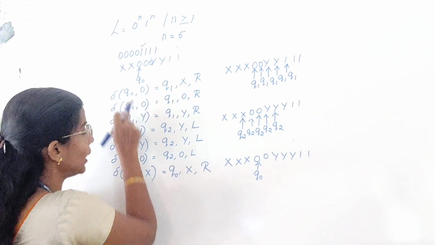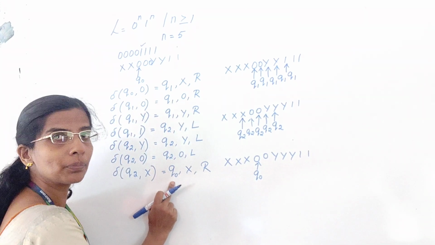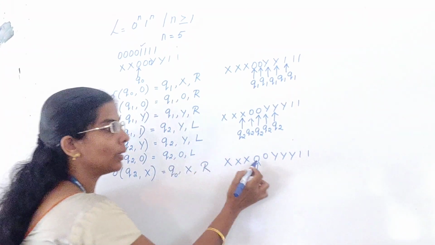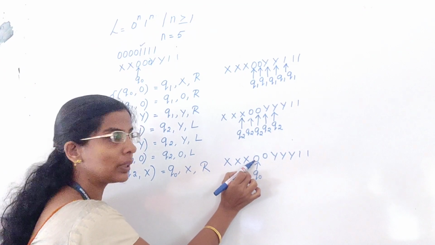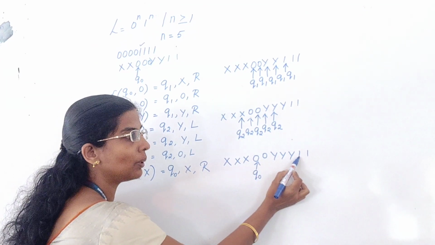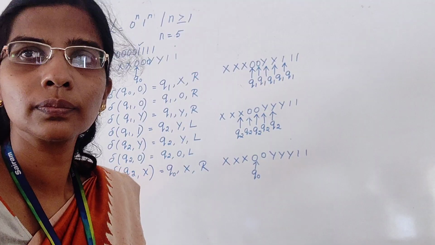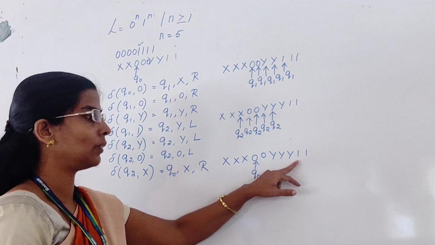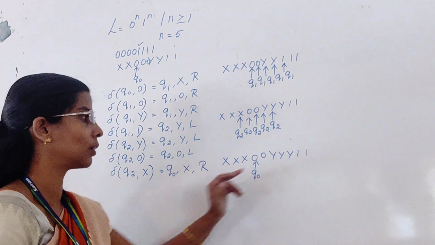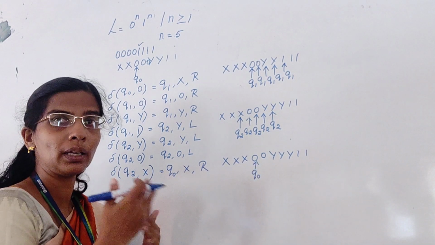So that state you have to specify. Now this 0 will be replaced with x, and this 1 will be replaced with y. Again the same process will be repeated.